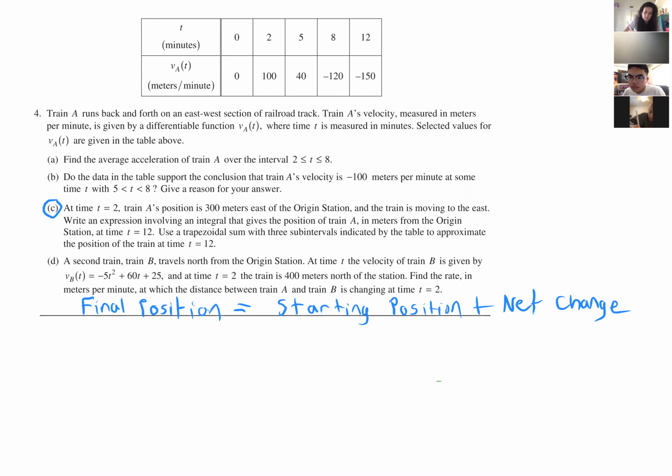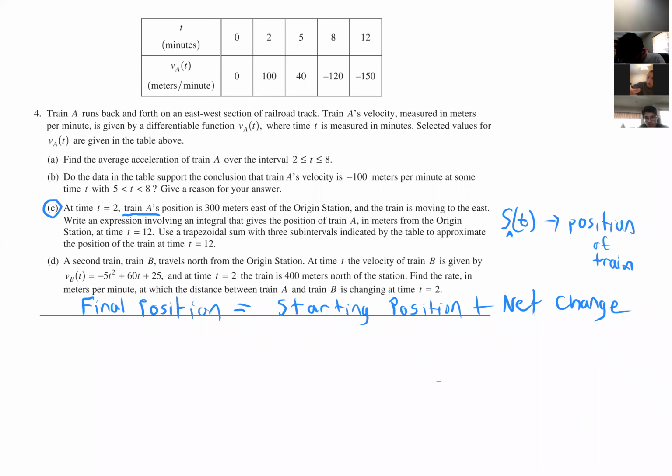Okay, so the final position, I'm going to use S for position, and it's position of train A. So I'm going to use S to represent position, or S of T. And I'll say S sub A, position of train A, in case there's another part that requires position of train B. So the final position, it's going to be at T equals 2.